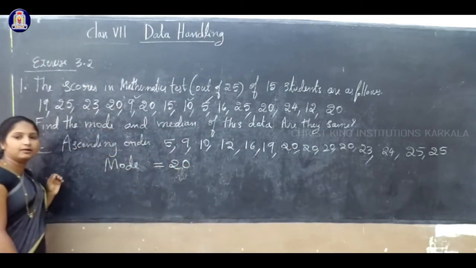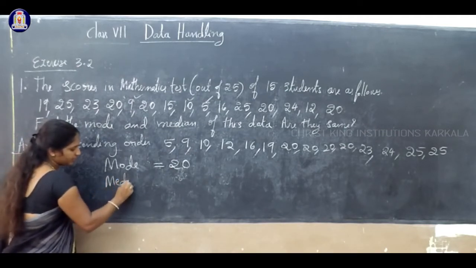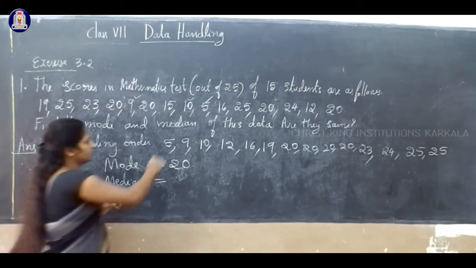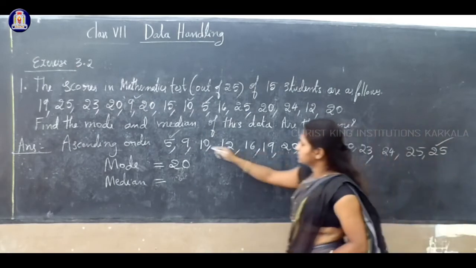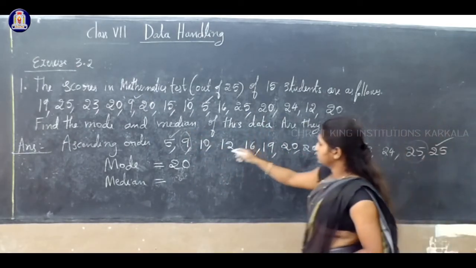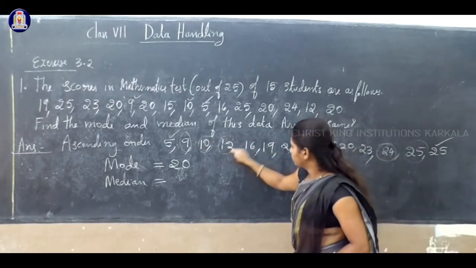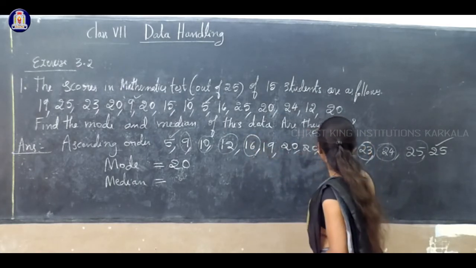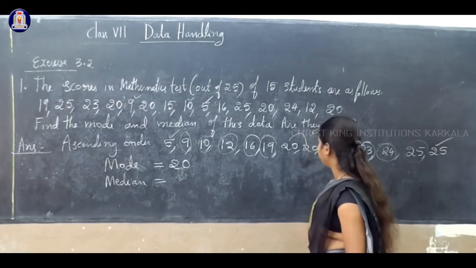Now how to find the median? Median means the middle term. See, this is the first term and the last term is this. Next term is 9 and here we can see 25. Going inwards like this, we get 20 in the middle.